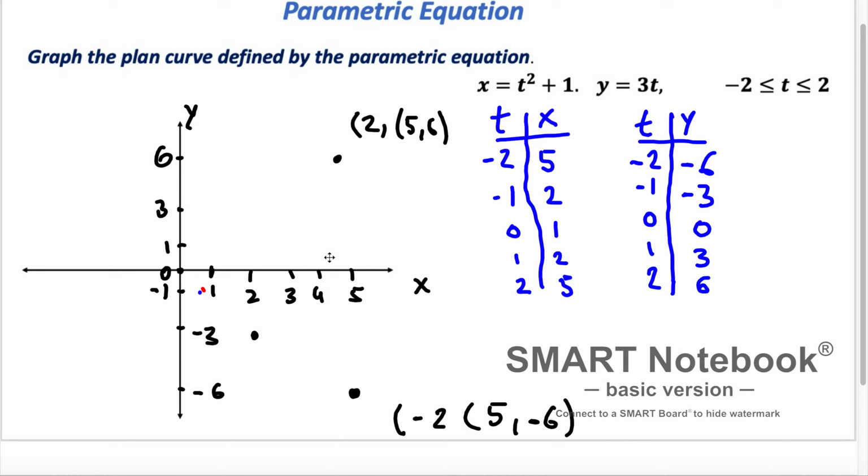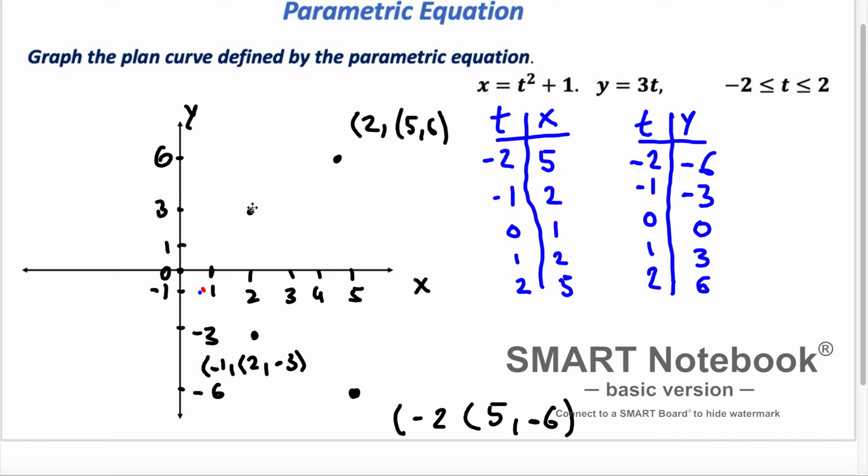Now I'm going to this point here, when t, for example, is -1, so x is 2 and y is -3. This point here: t is -1, x is 2, and y is -3.